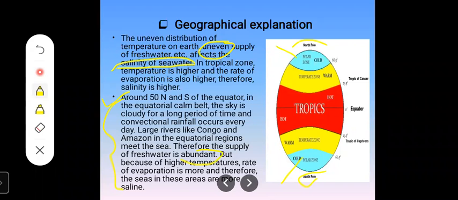And in this part, the evaporation is also very less, so the salinity will also be less. Where? In the cold region. In the cold region means polar zone.